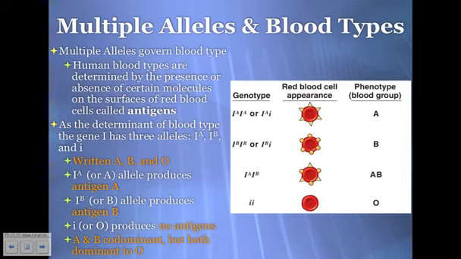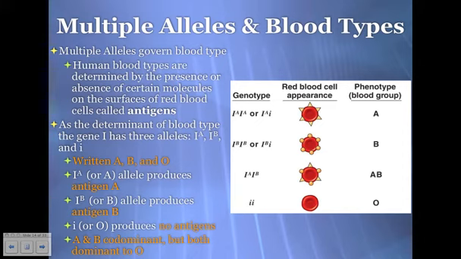So the capital I with a superscript A is the allele that produces antigen A. Antigen A, on the diagram at the right, has a triangle appearance attached to the surface of the red blood cell. Capital I with a superscript capital B is the allele that produces antigen B, which is a sphere attached to the surface of the red blood cell to the right.